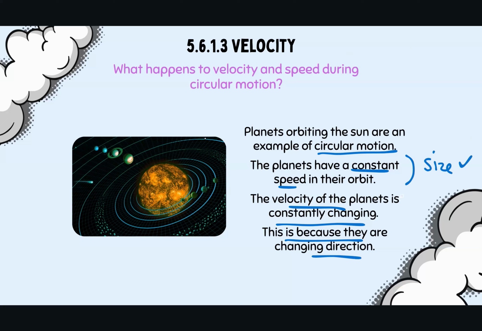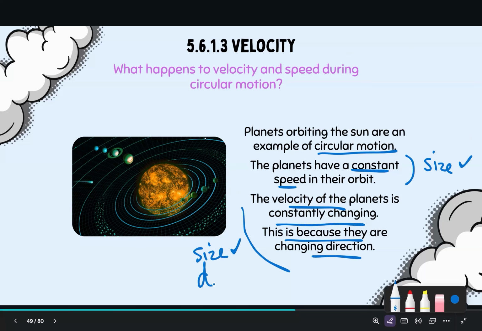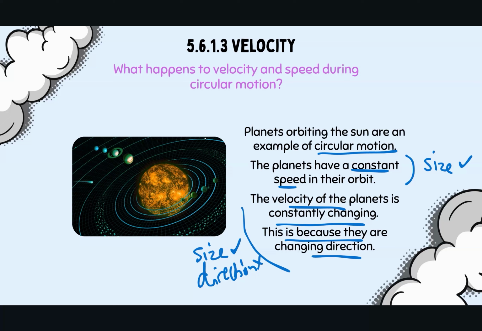However, when we look at velocity, velocity is a vector. It's size plus direction, so it's magnitude and direction. When we're talking about velocity, the size, as in the speed, stays the same, but the direction is constantly changing because it's going around in a circle. In other words, the velocity is changing.